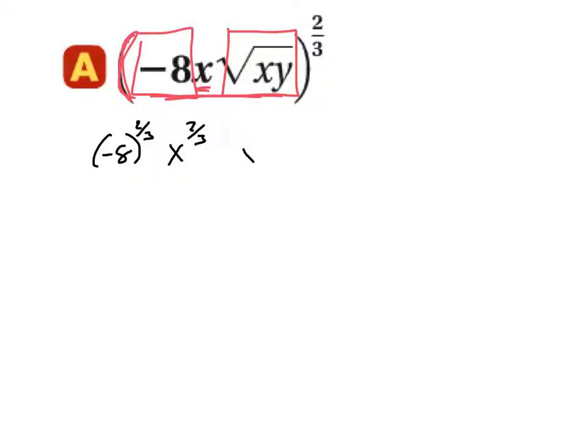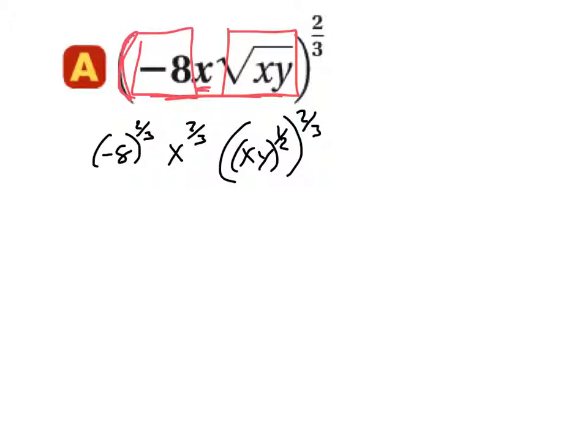So I have xy raised to what power? Square root. How do I rewrite square root? 1/2 power. So (xy) to the 1/2 power, then raised to the 2/3 power. Okay, so rewrite the radical first, so it's (xy) raised to the 1/2 power. You have parentheses inside of parentheses.